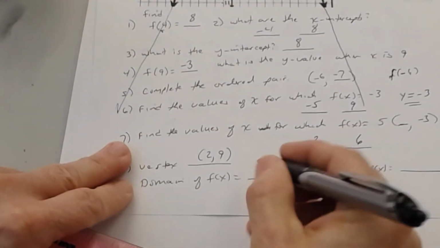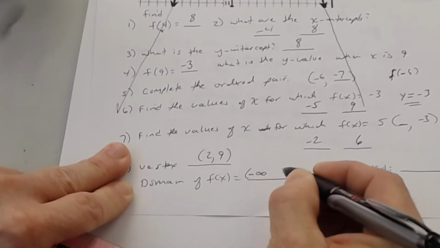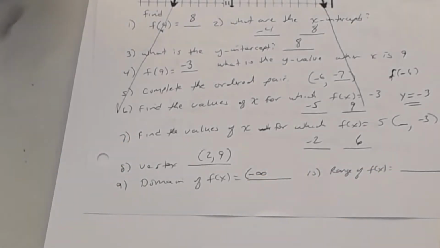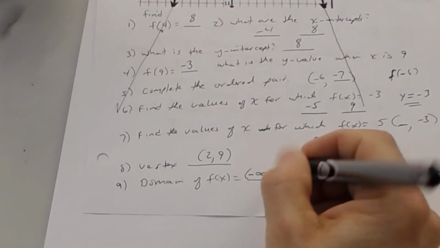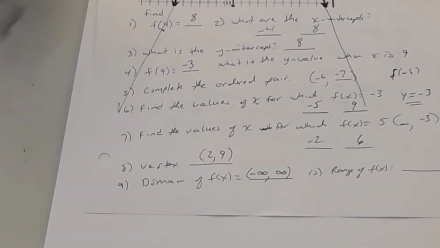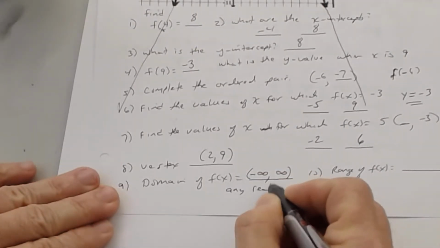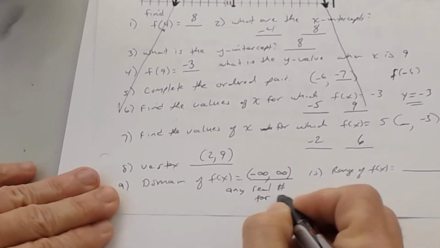Here's the way you're going to write it. You're going to say parentheses, negative infinity. Make sure it looks like an infinity symbol. It's like a sideways 8. Negative infinity, comma, all the way to positive infinity.